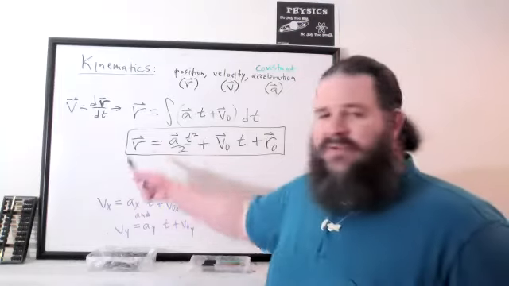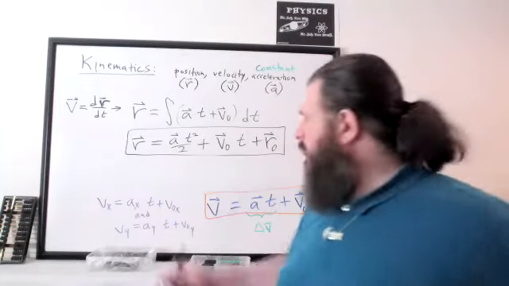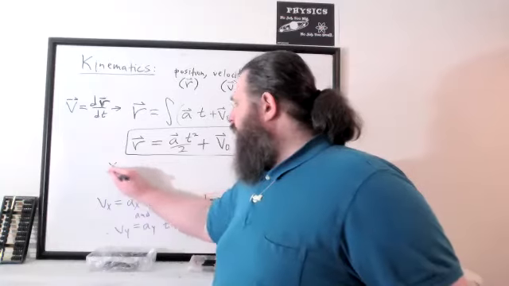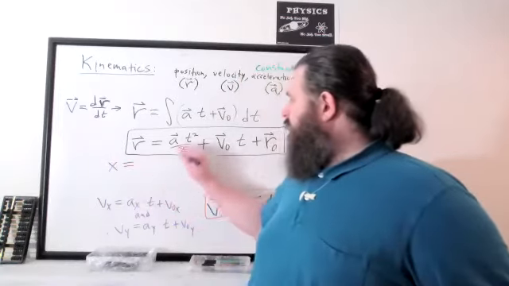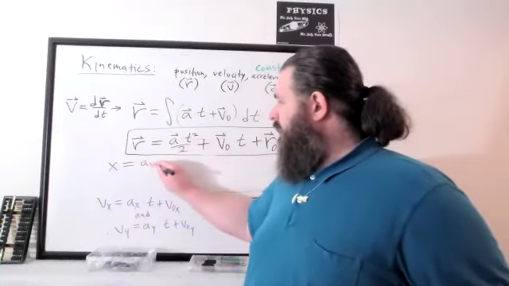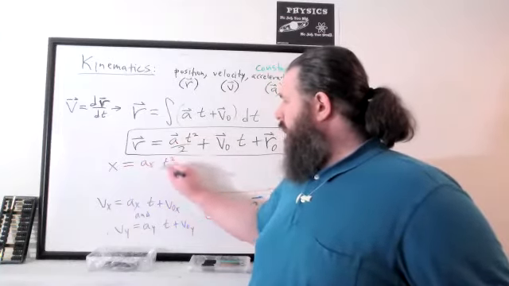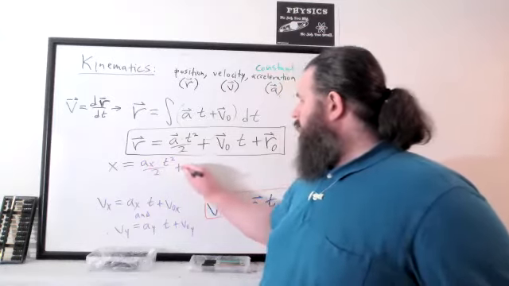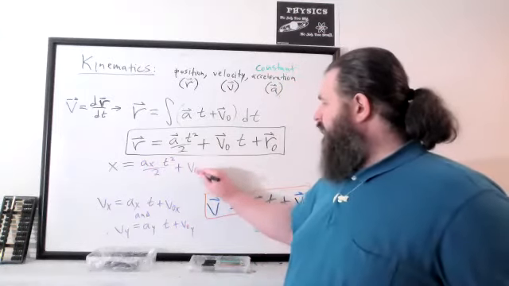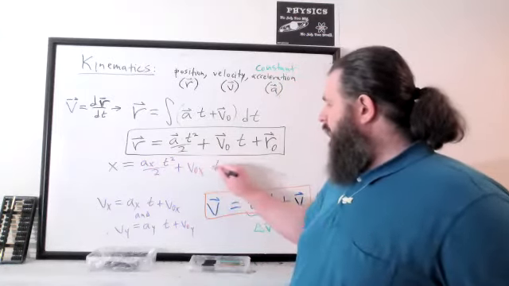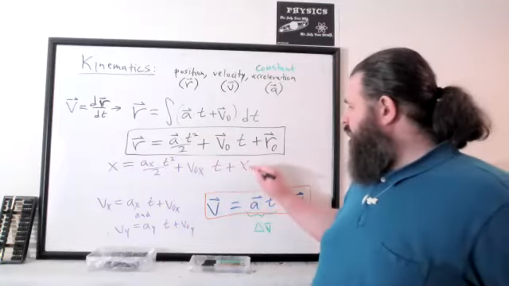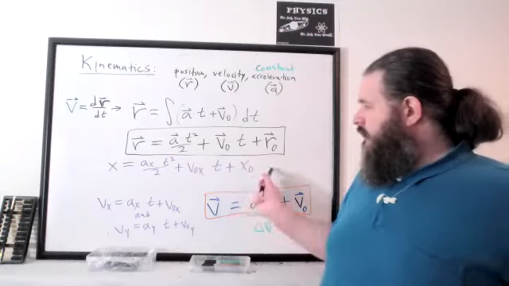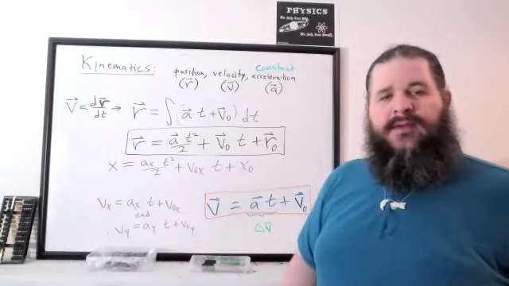And the x component of position, we usually just call x anyway. So the x value, the horizontal position, equals the x component of acceleration times time squared over 2, plus the x component of the initial velocity times time, plus the x component of the initial position, usually just written as x sub 0. So this is valid for x, and also we could write it out for y.